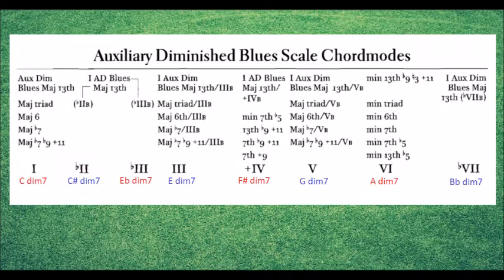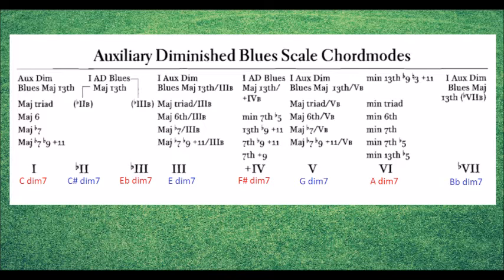One last secret of the auxiliary diminished blues. Until you are able to figure out the chords in this section, you can just replace them with a simple diminished 7th chord, which means you can play the auxiliary diminished blues over any of these chords and it will sound nice.